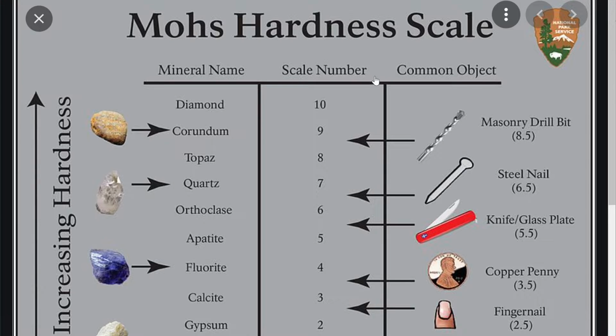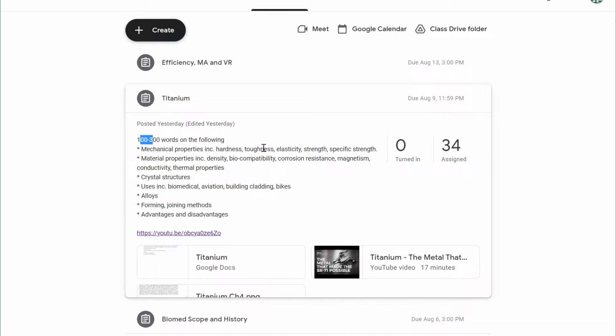It gives a reference point, so we're saying how hard it is relative to other things. It's not as hard as a masonry drill bit, but it's harder than your standard mild steel or glass. That would be my answer for titanium there.